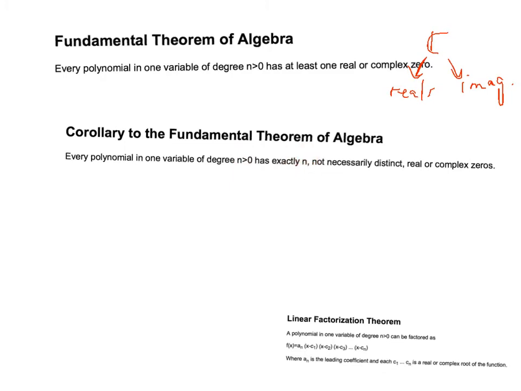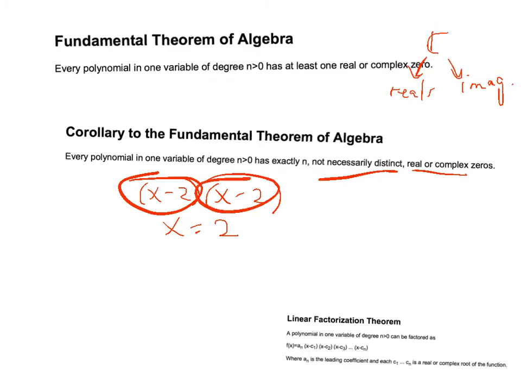And again, it says real or complex because people forget complex numbers include real numbers. But it doesn't have to be distinct because, say for example, you factor something and get x minus 2 squared, and it has 2 roots: x equals 2 and x equals 2. This is just called a double root, but it does have 2 roots.